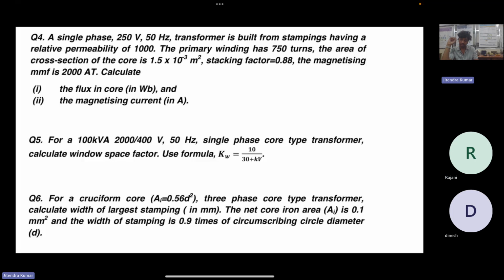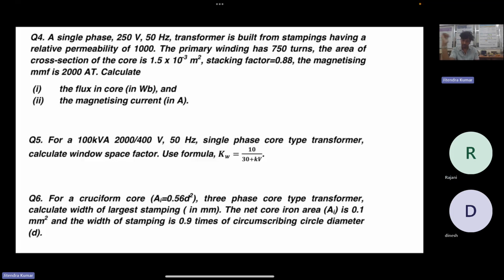We have a single phase 250 volt 50 hertz transformer with relative permeability of 1000. The primary winding has 750 turns, the same scenario. Core area is also the same, stacking factor is also the same. Now the magnetizing MMF is given as 2000 ampere turns. So it is just an extension of the last problem.